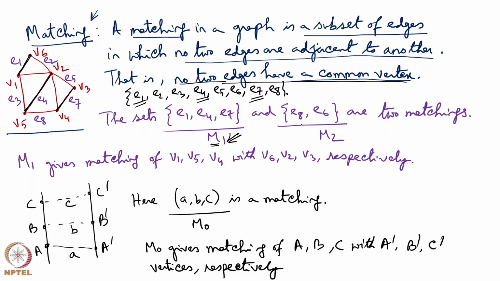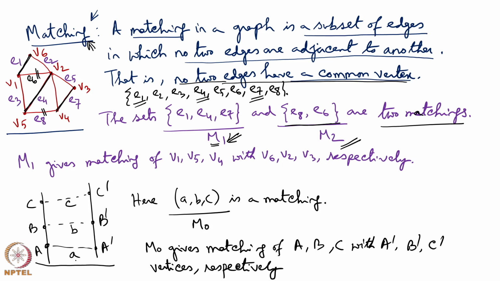Now, we take E8 and E6. This is E8 and this is E6. What happens? There is no common vertex between them. Therefore, E8, E6 will be a subset of edges, and we call this M2 a matching. Now, this concept of matching can work for the stratigraphic correlation.